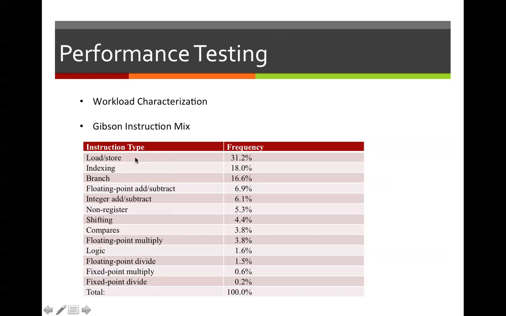As you can see, load and store instructions take up the biggest chunk, then indexing takes the next big chunk, then branching, and then floating point add and subtract and integer add and subtract at about the same percentage. Then you have non-register instructions, shifts and compares, floating point multiplies, logic, floating point divide, fixed point multiply, and even fixed point divide, and the total gets up to about 100.